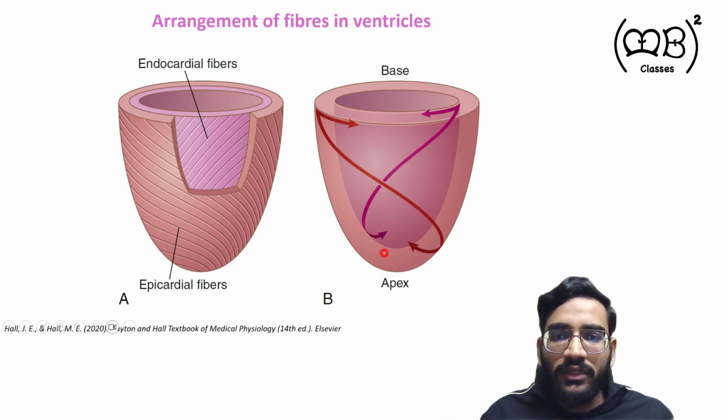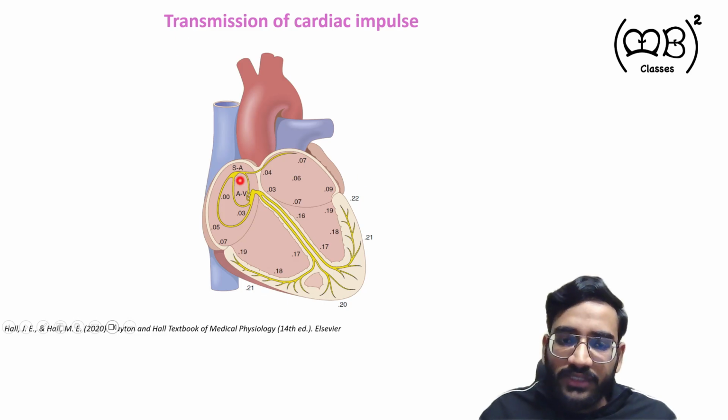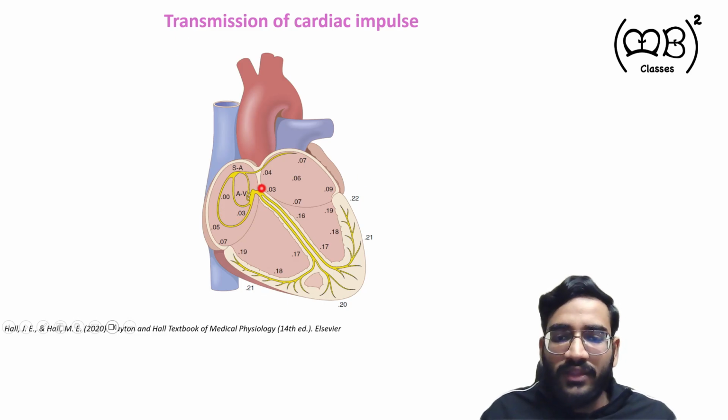So the transmission of the cardiac impulse from the SA node to the AV node takes 0.03. Then there is an AV nodal delay of 0.13 seconds, through the transitional fibers, the AV node, the bundle of His, and the right and left bundle branches. Then it will take about 0.03 for the Purkinje fibers, so this is almost instantaneous.